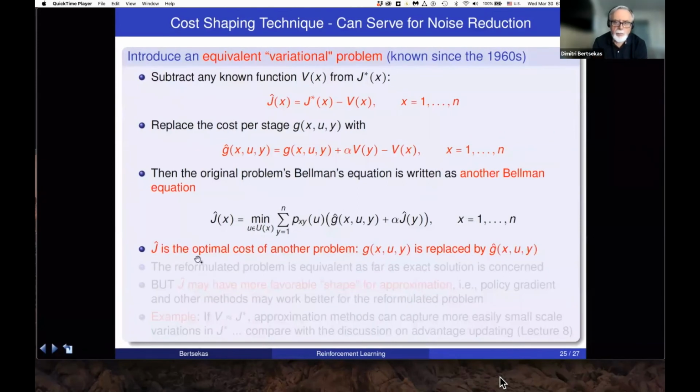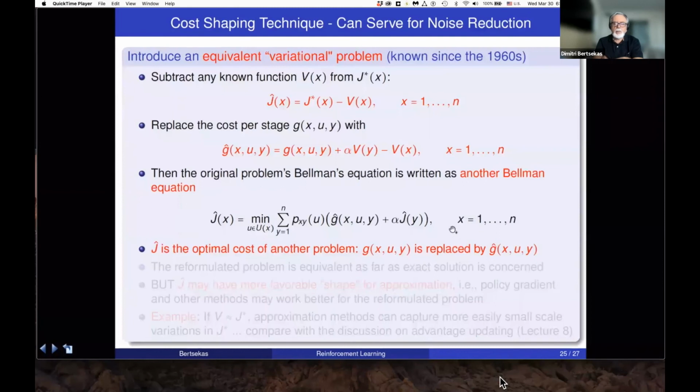J hat, the translated version of J star, is the optimal cost of another problem, which is simply the same as the original problem, except that the cost per stage has been changed, and from g, it has become g hat. So we can play around with different V functions and get equivalent versions of the discounted problem.